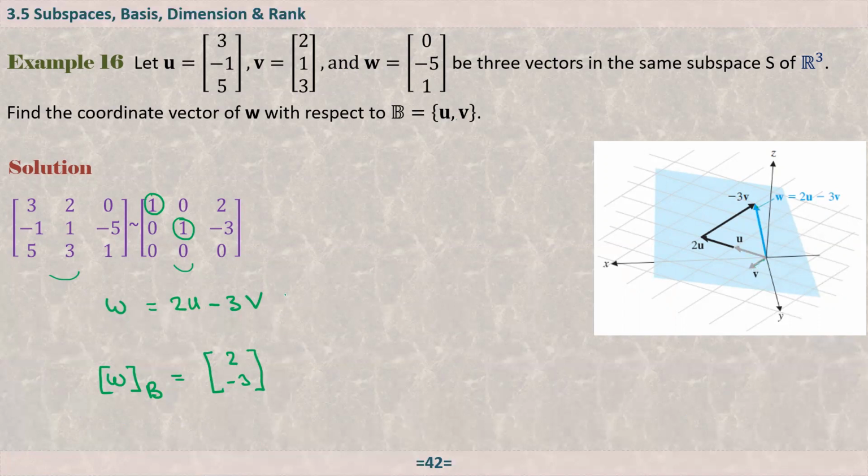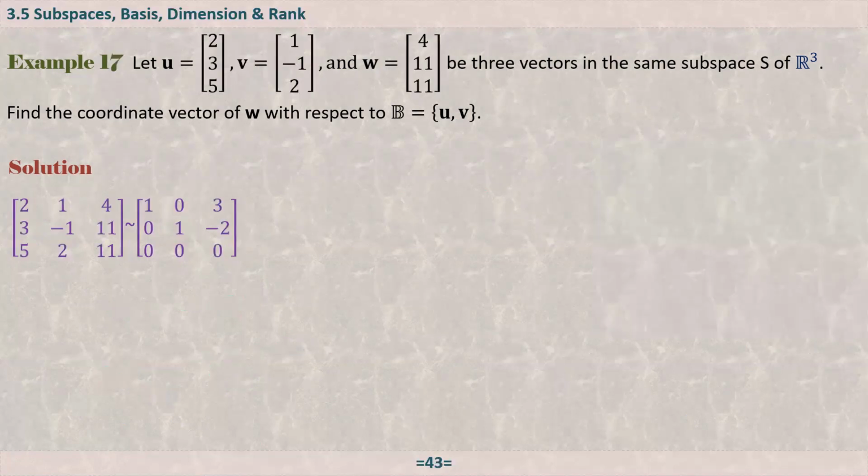Here it's saying that along U, you have to move 2 units. After that, in the direction of V, this is the opposite direction, 3 units. If you move 3 units in the opposite direction, you will reach the tip of W. That is what these coordinates mean.